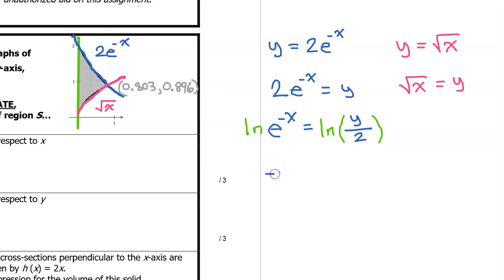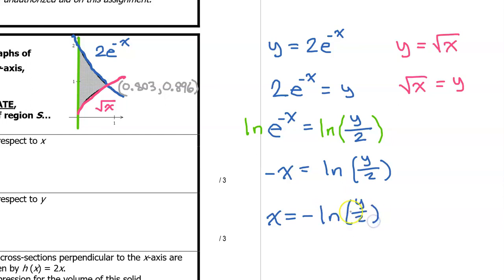That leaves negative x is equal to the natural log of y over 2. Dividing both sides by negative 1, we get x is equal to negative natural log of y over 2. So for problem number 2, we will refer to the blue function this way.